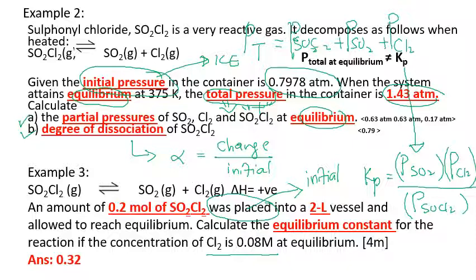You are given a concentration at equilibrium, but you are not given all the species, because at equilibrium we still have sulfonyl chloride, sulfur dioxide, and chlorine. But in this question, we only have the concentration for chlorine. So you have to find out the concentration of sulfonyl chloride at equilibrium. Because of this, you need to use an ICE table.